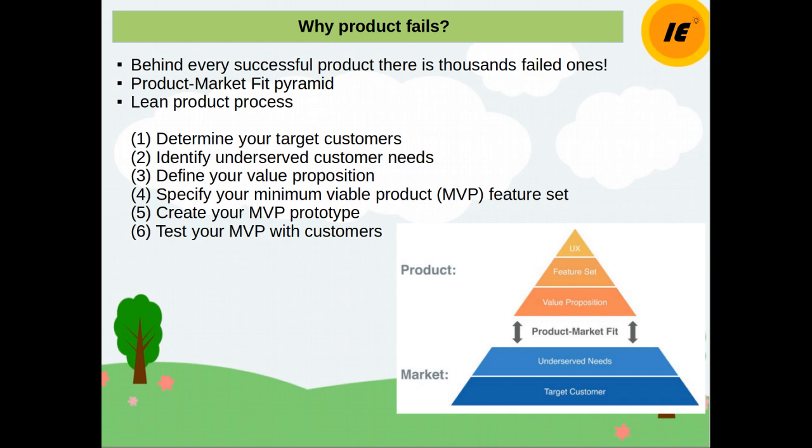This is a concept coined by a person called Mark Andreessen in 2007. We'll learn about that, and depending on that he proposed this concept of lean product development. That is the aim of this video and the subsequent videos in the same playlist.